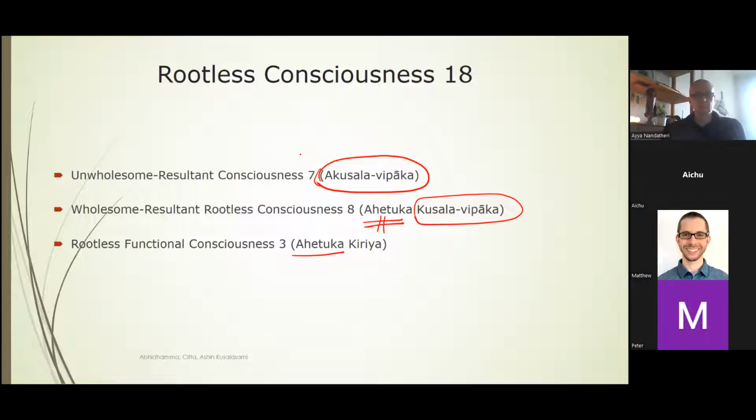So why is there no word ahetuka here? In the 89 consciousness, the unwholesome resultant consciousness is only these 7. But wholesome resultant consciousness is not only these 8, but also the other 8, 5, 5, 4, like that. You will see later. So that's why we need to differentiate. To differentiate from these other kinds of wholesome resultant consciousness, this ahetuka needs to be put here.